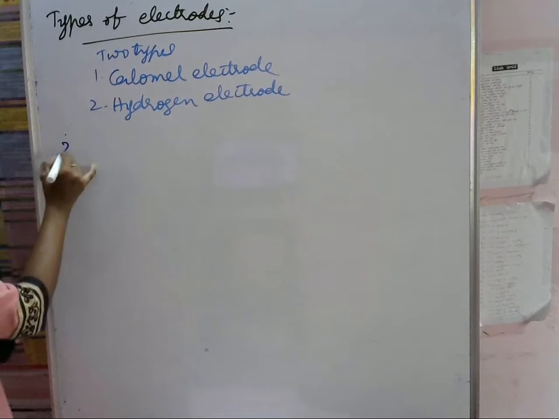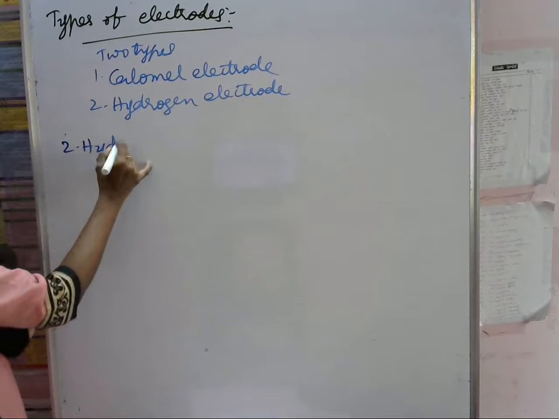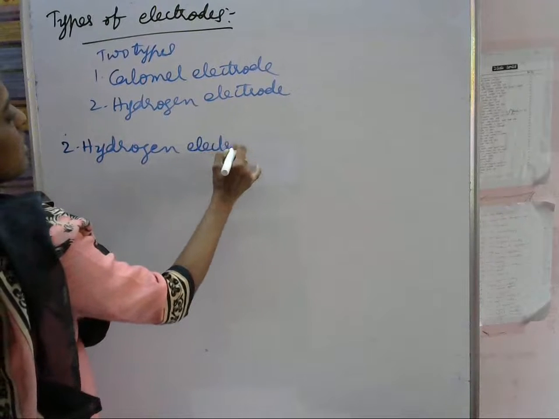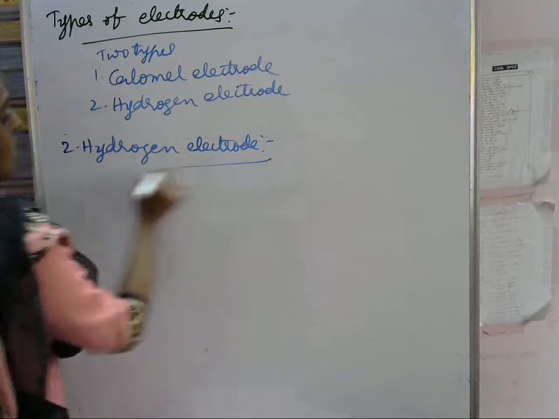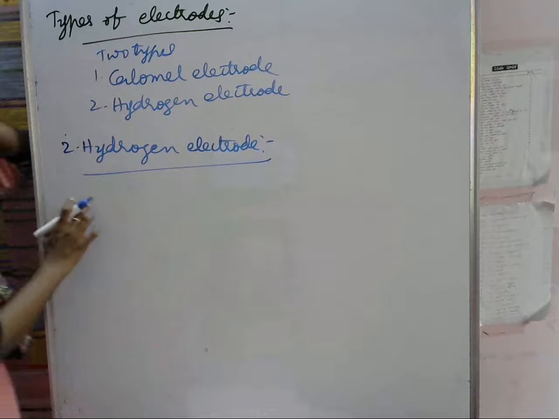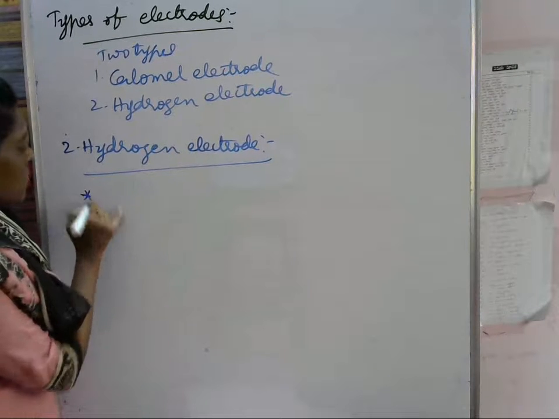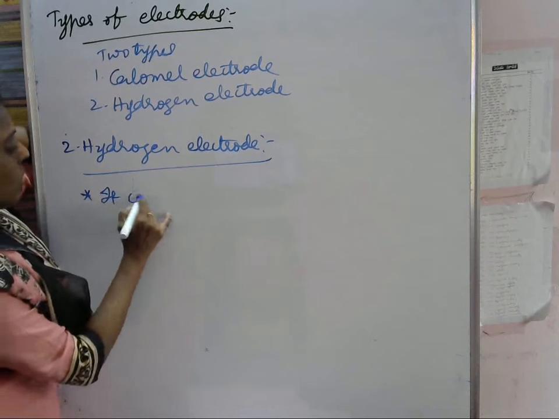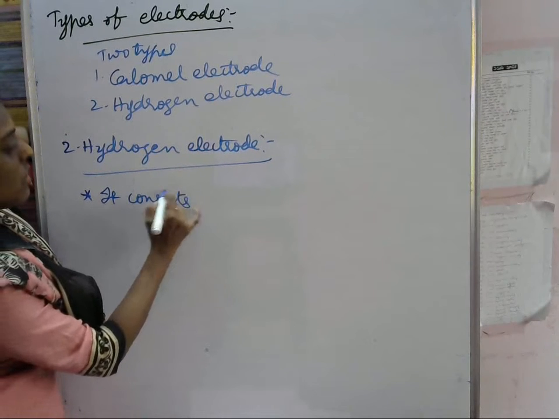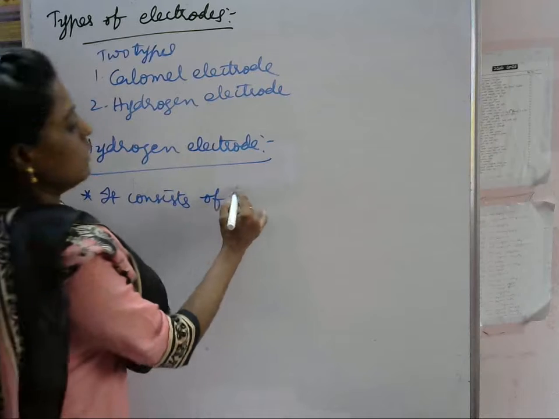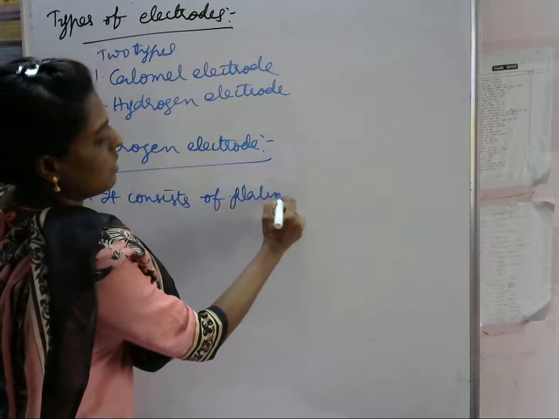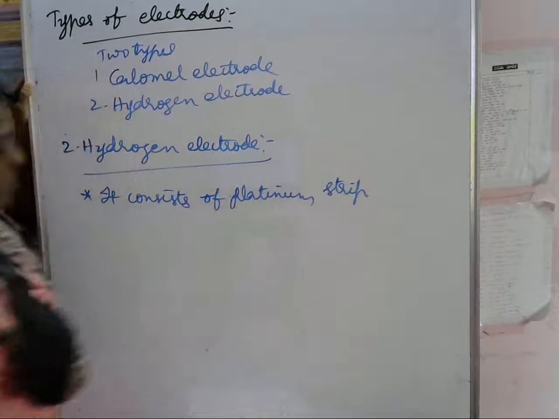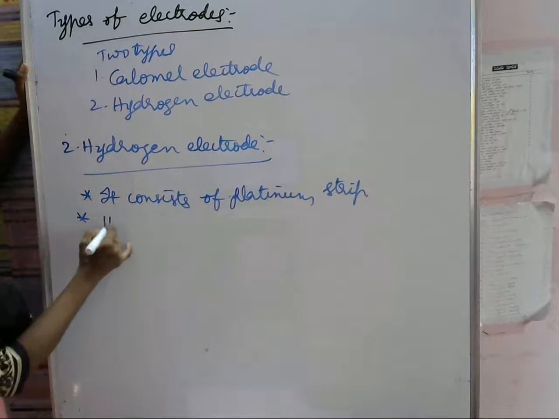This hydrogen electrode consists of a platinum strip. What does it consist of? It consists of a platinum strip.